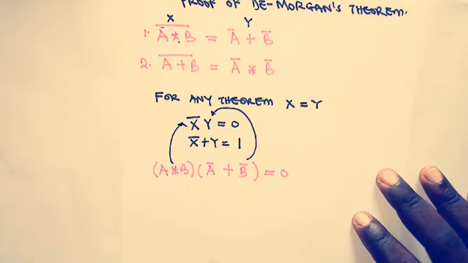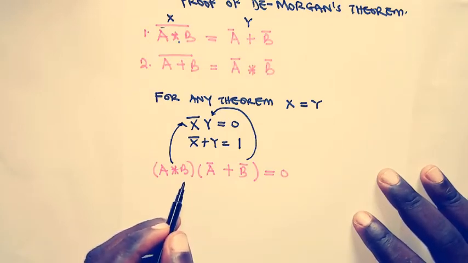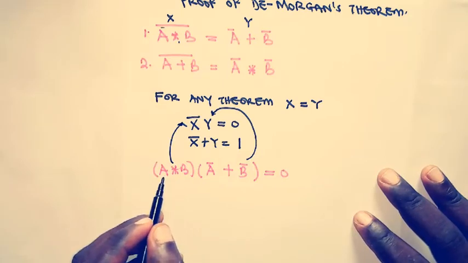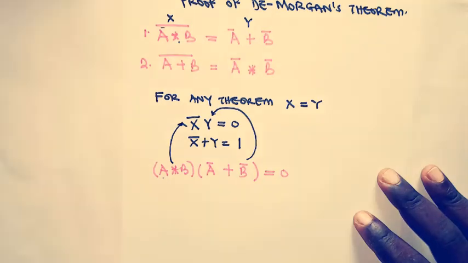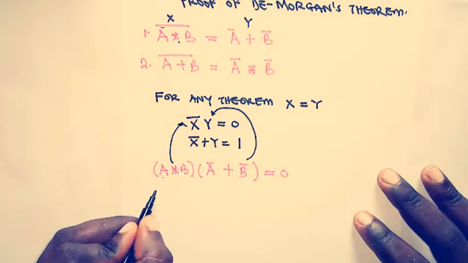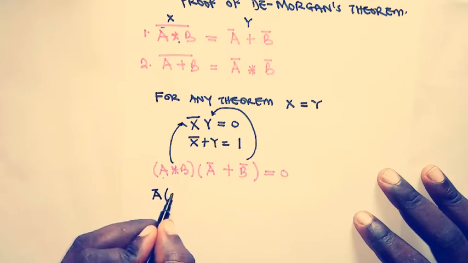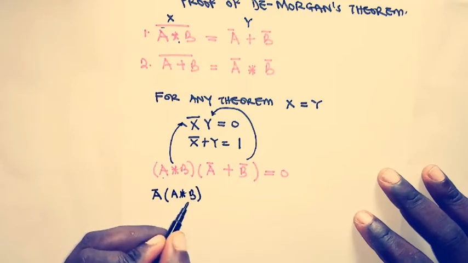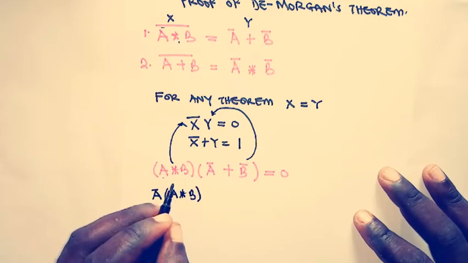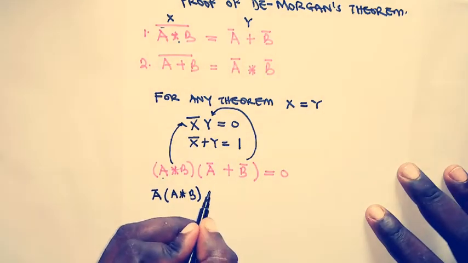So from here now, we can apply the distributive law. That means we distribute this element over this, and this will give us A' into the bracket of A multiplied by B, and then we have the plus.